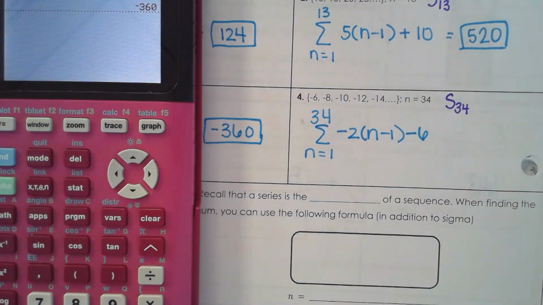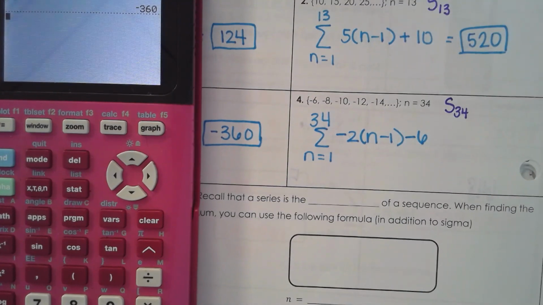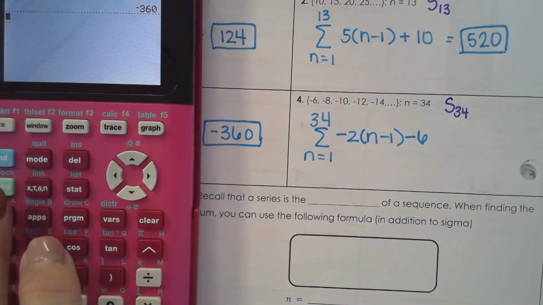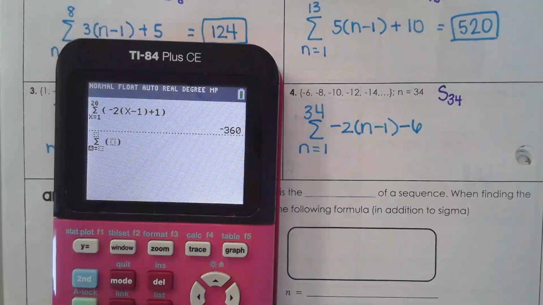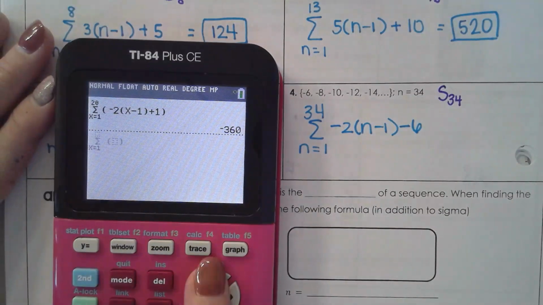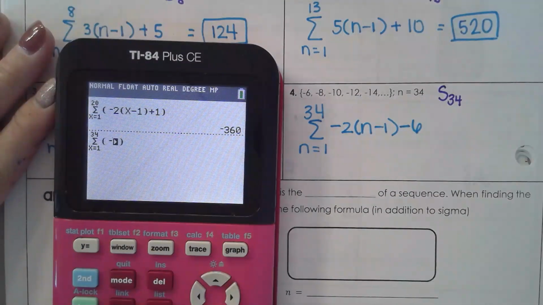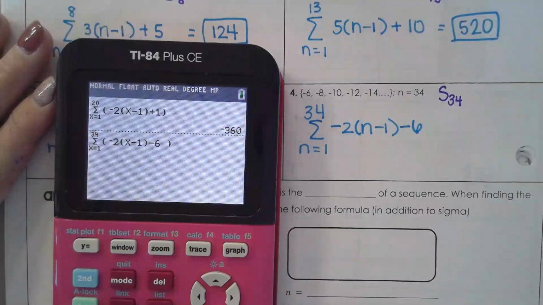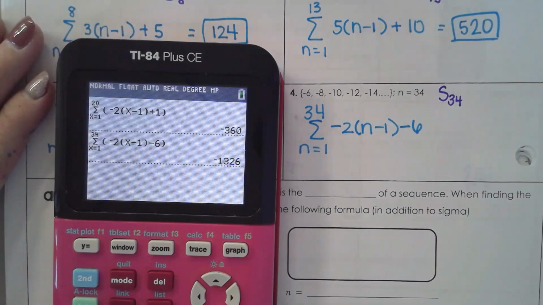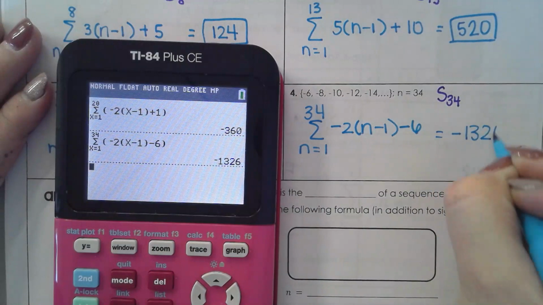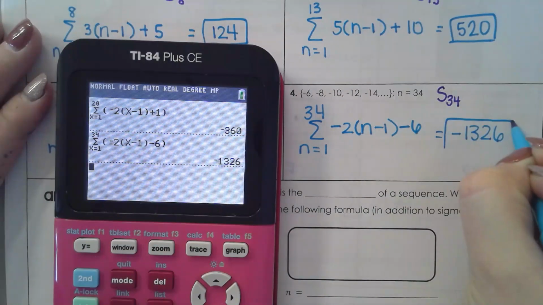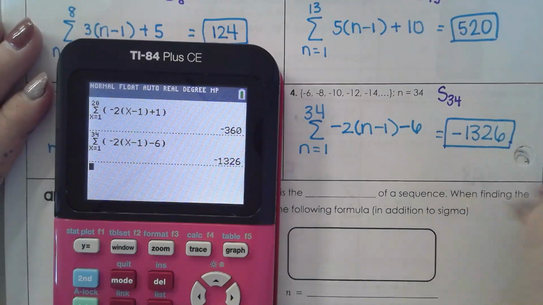Because plus negative 6 is the same thing as minus 6. So math 0. Negative 1,326. Very good.